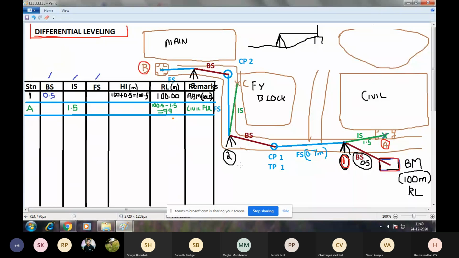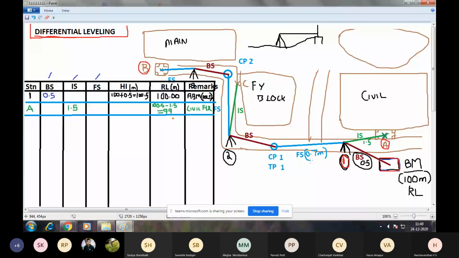Now, after taking this reading, will I take further readings or will I shift the instrument? My intention is to shift the instrument after taking the staff reading on this change point. So this is the last staff reading from instrument point 1, and therefore it is a foresight.